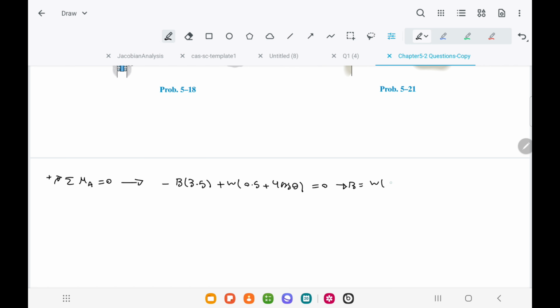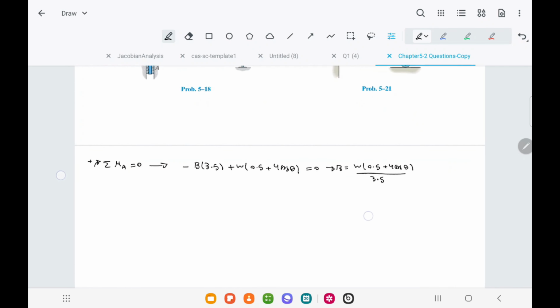From this equation, we can find that the reaction force at point B will be equal to W times (0.5 plus 4 cosine theta) divided by 3.5.